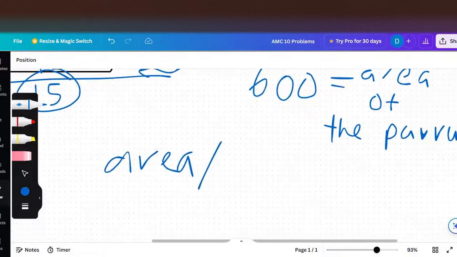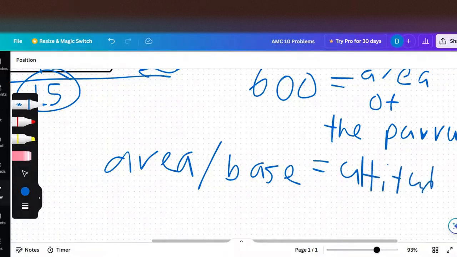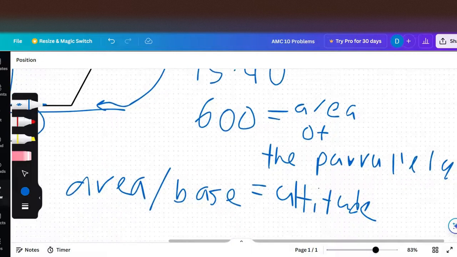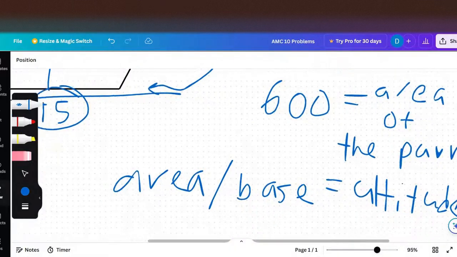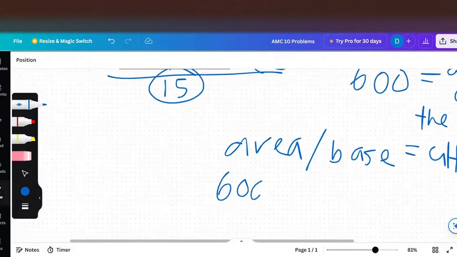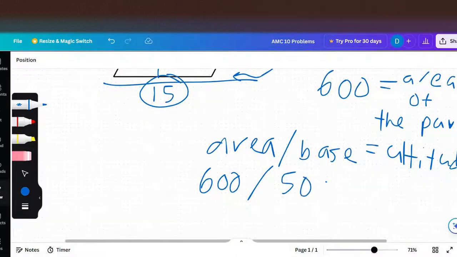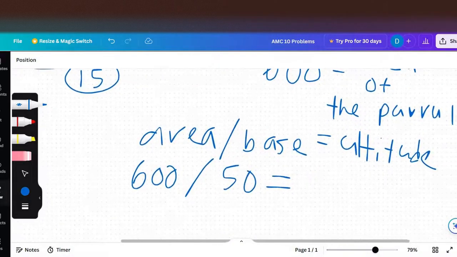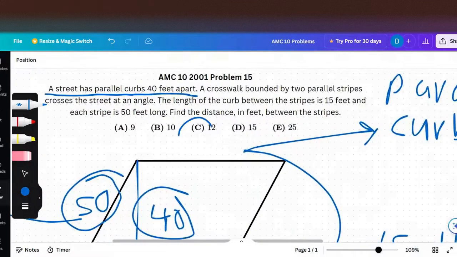Area divided by base is equal to altitude, or what we're trying to find. It's basically the flip of altitude times base equals area. So the area is 600, the second base is 50, and the altitude we're trying to find is 12. So the answer is C.